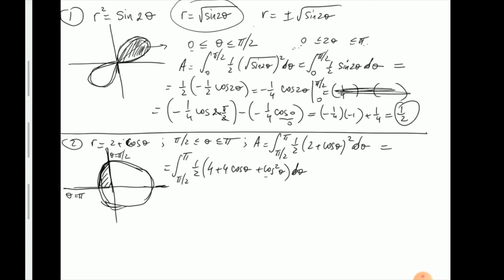Now, cosine squared is an even power of cosine, so you need to use the double angle formula. Which means cosine squared is replaced by 1/2 plus 1/2 cosine of 2 theta.